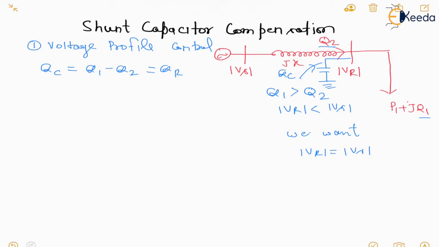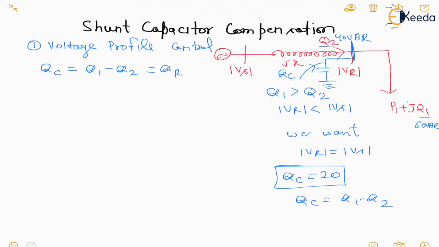Let us assume with an example. Say we have a 60 VAR reactive power load, and the supplied power is 40 VAR. So at this bus there is a deficiency of 20 VAR. If you are connecting the capacitor, it should supply 20, the difference of both.